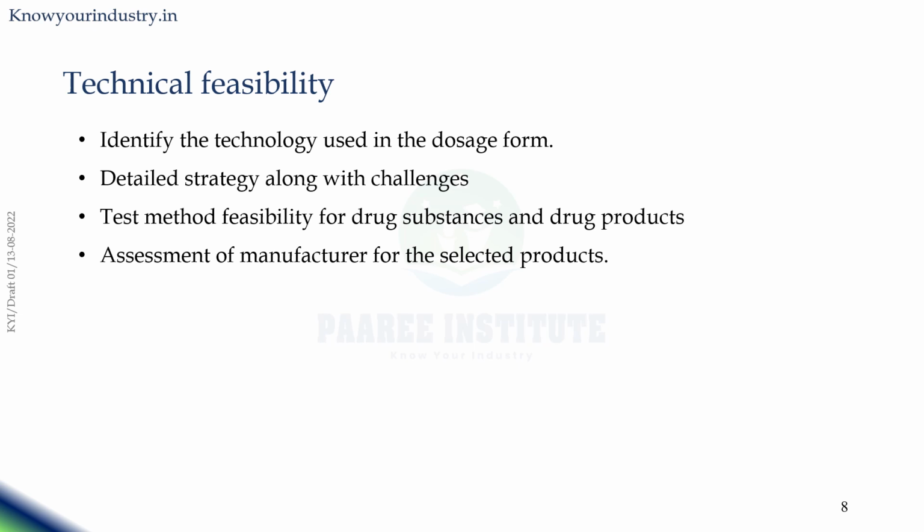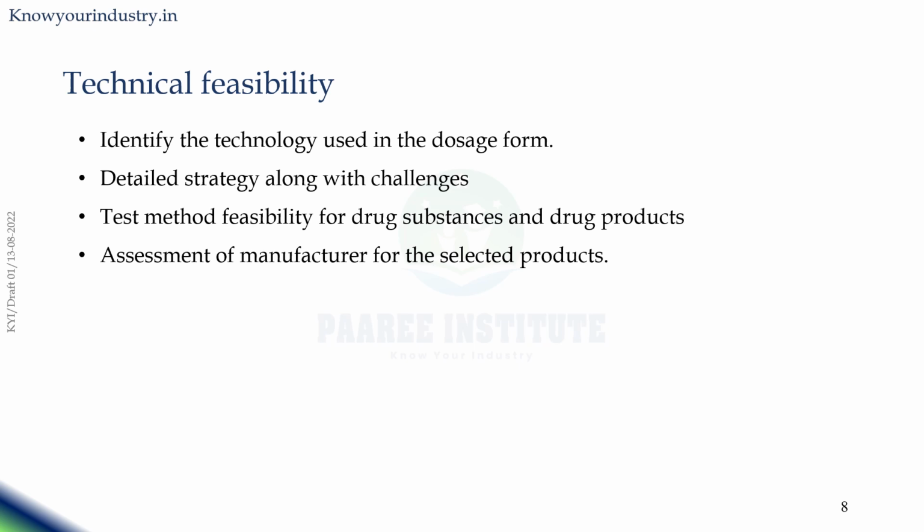These are the formulations you have to consider when you start the activities, followed by the test methods. What kind of test methods are to be done for drug substances as well as drug products, followed by what kind of information or technology is needed by the manufacturer. So the manufacturer should be capable of taking up the product into your facility after you complete your developmental activities.